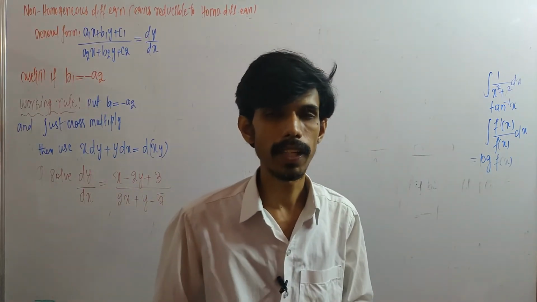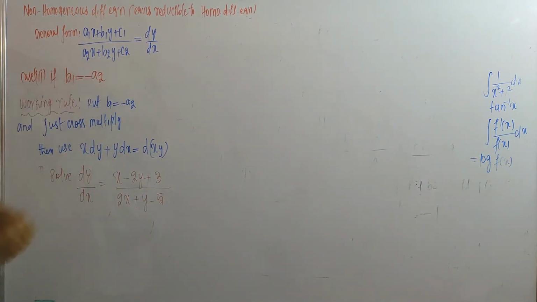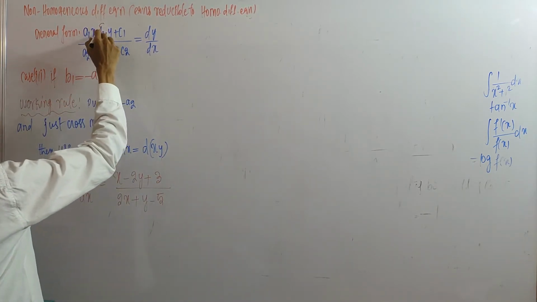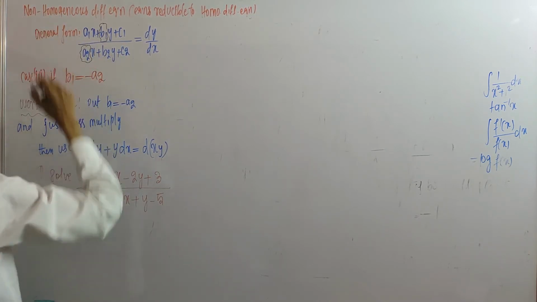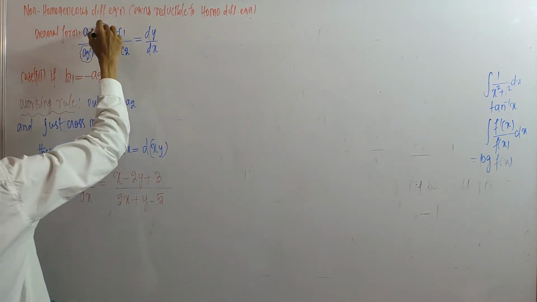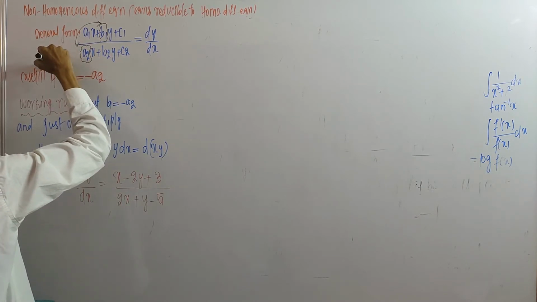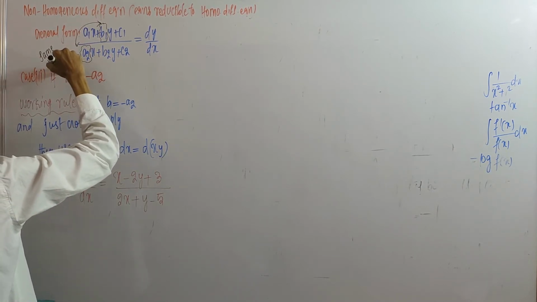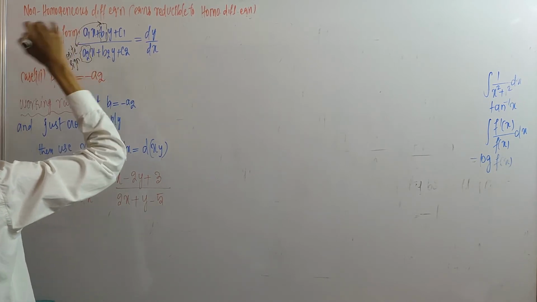Now let us see the last case of this non-differential equation. Case 3 is if b1 value is equal to minus a2. It means that this b1 value is the same as a2 in magnitude but with the opposite sign.